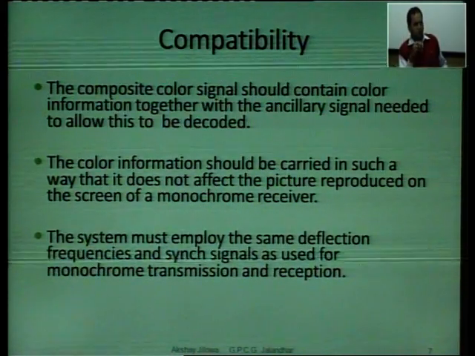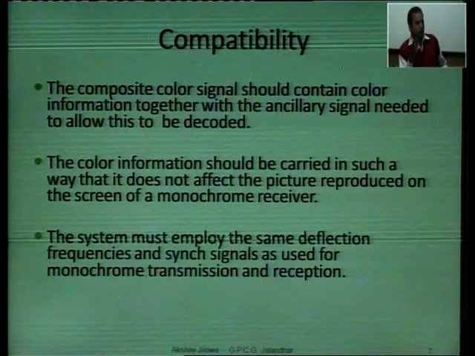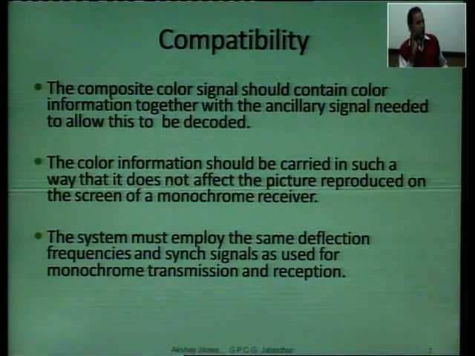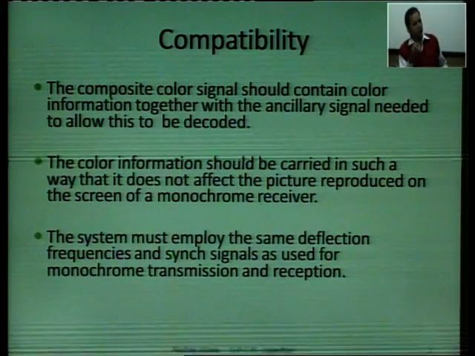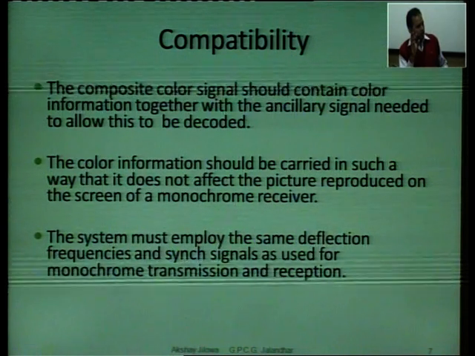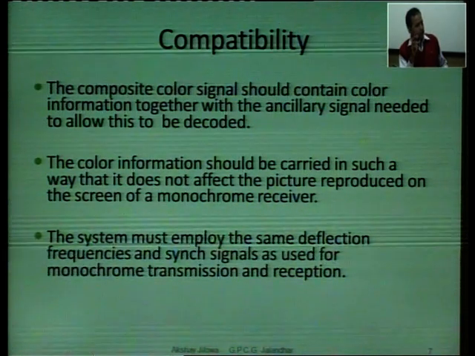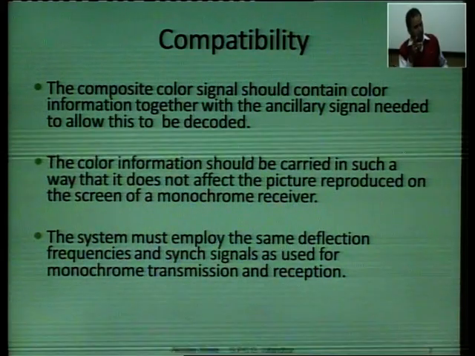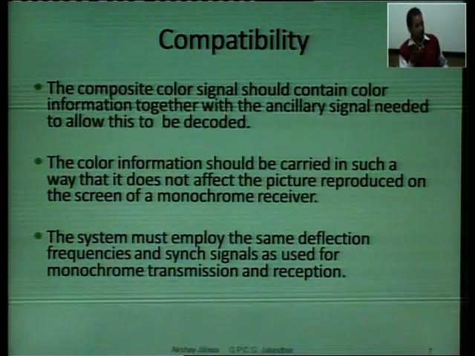In monochrome TV we have seen that it is not only the video signal, but there are other signals also. For example, there are sync pulses, apart from the video signal which is generated when the optical information is converted into the corresponding electrical signal.